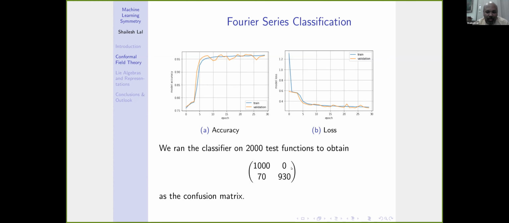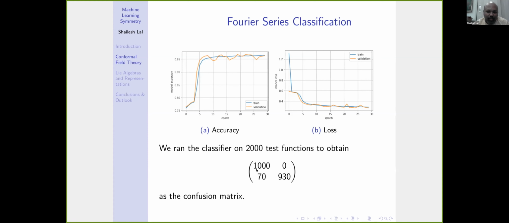So let me just tell you in a second what the confusion matrix is. Again, it's a recursive definition, but the confusion matrix tells you how confused the classifier is. If the classifier is omniscient and never makes any mistakes, then the confusion matrix would be completely diagonal.